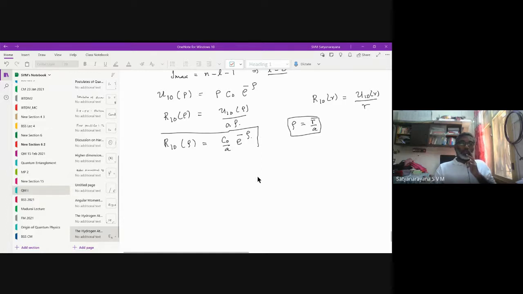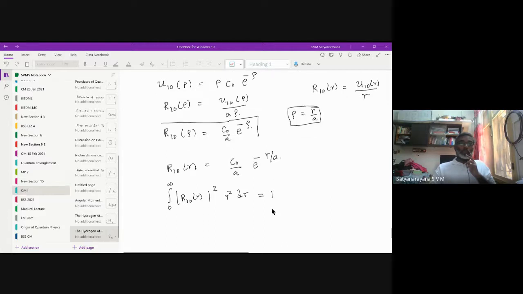Now, of course, rho is equal to r by a, so you can substitute that. So let us say your R10 of r is equal to C naught by a into e to the minus r by a. But then this has to be normalized. By normalization, I mean that you must take integral 0 to infinity of R10 of r modulus square into r square dr. That should be equal to 1.